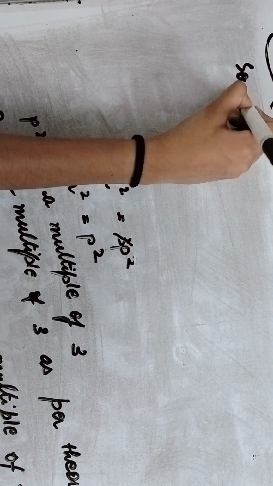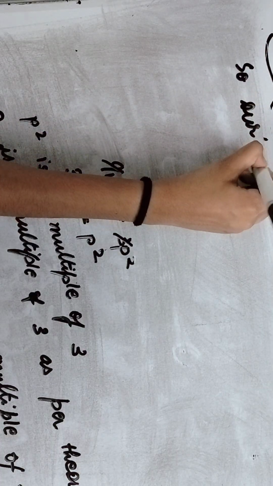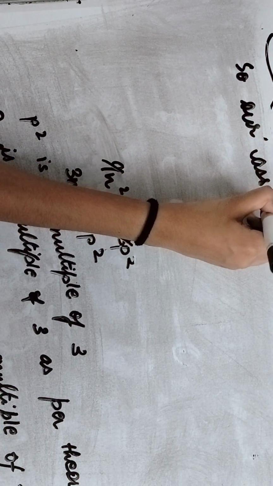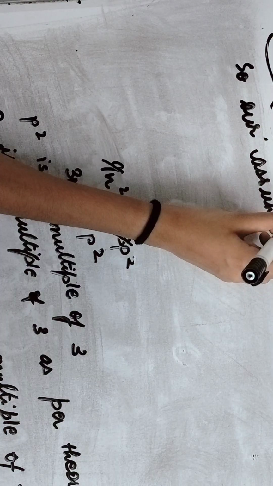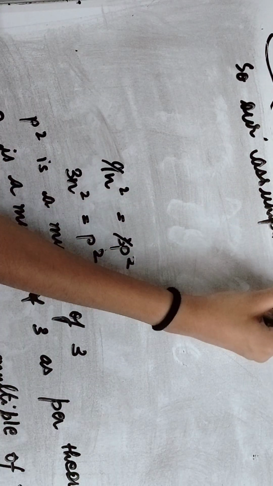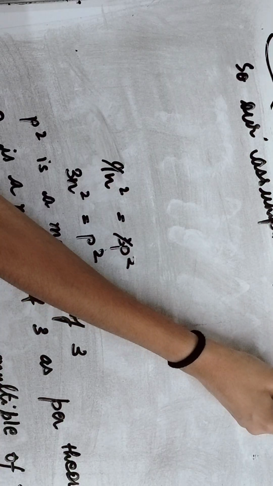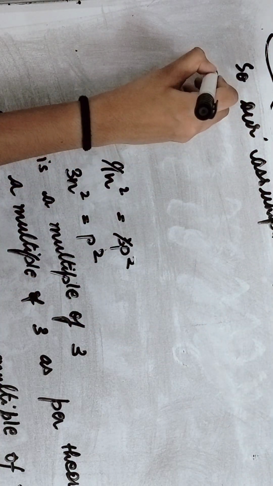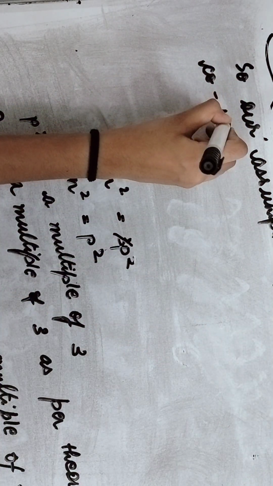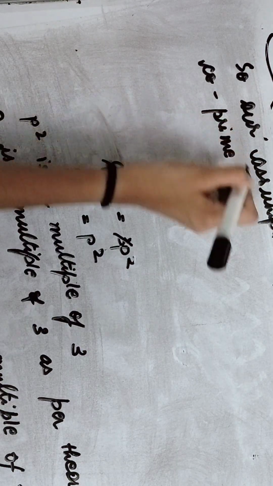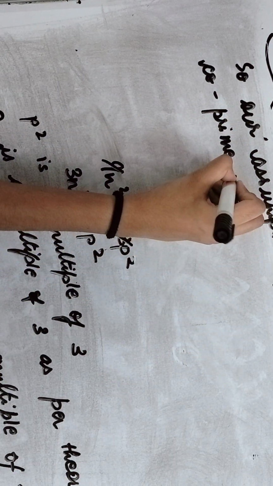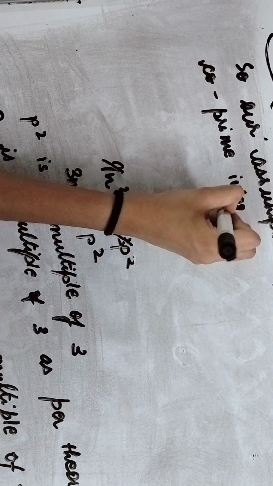So our assumption is wrong, and 1 by root 3 is an irrational number.